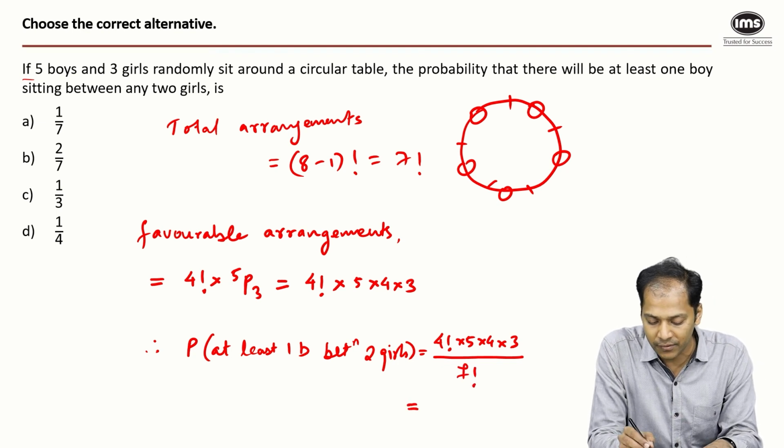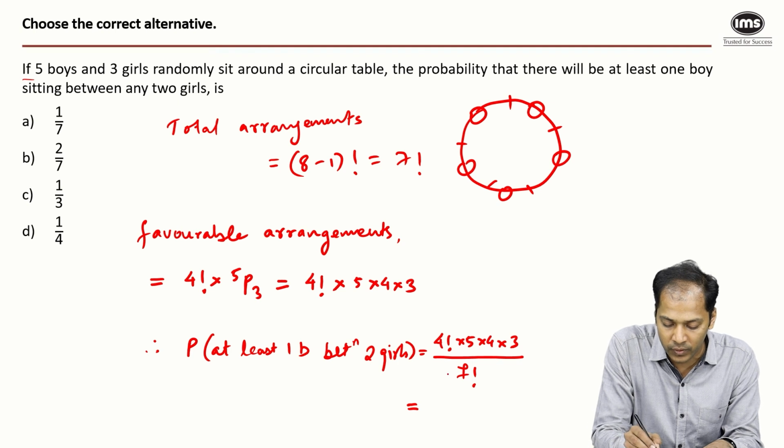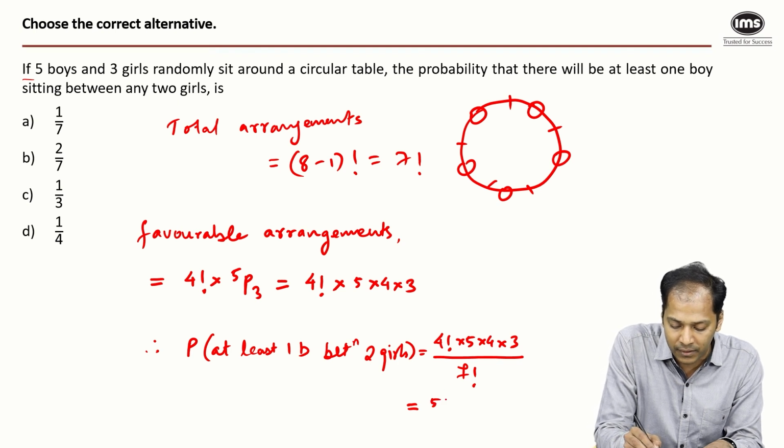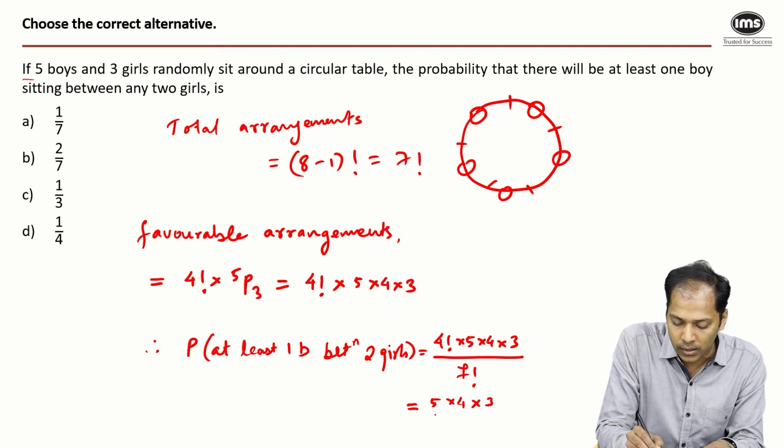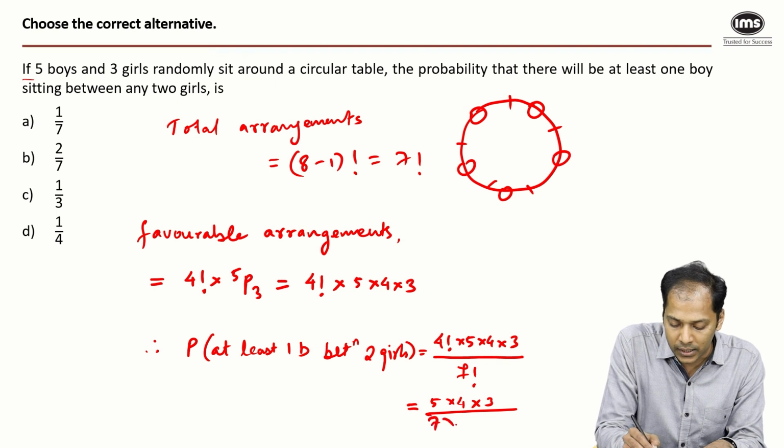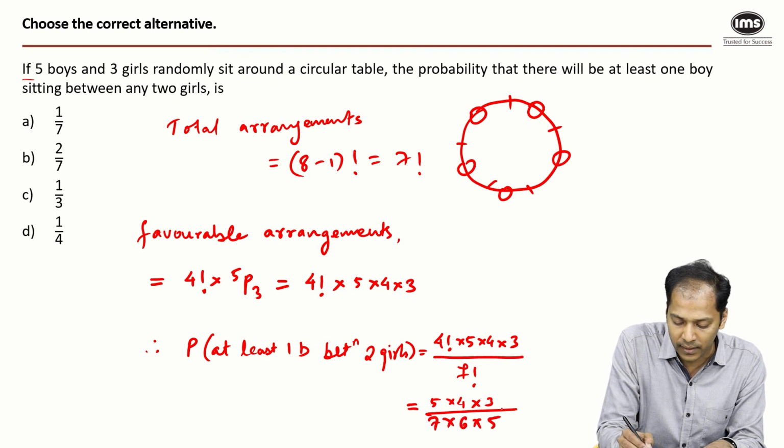Out of the 7 factorial, 4 factorial will get cancelled out and we'll have 5 into 4 into 3 upon 7 into 6 into 5.